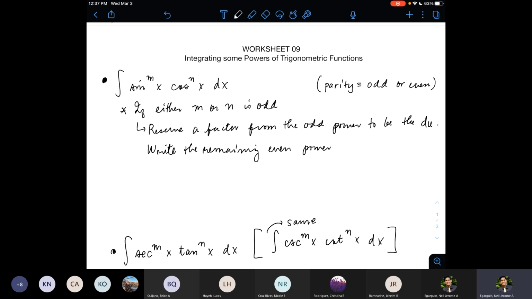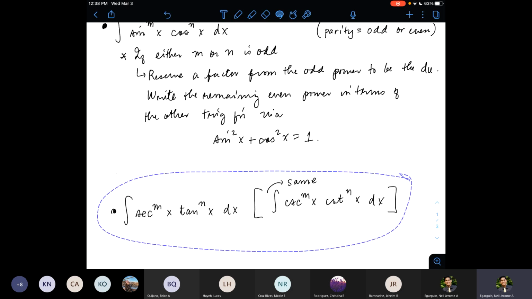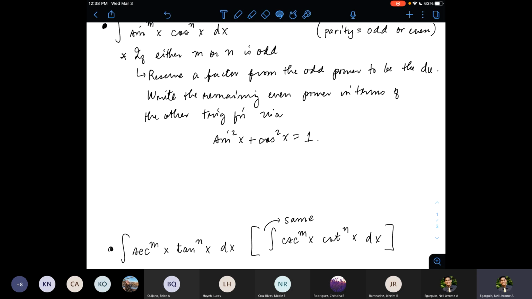So write the remaining even power in terms of the other trig function via the identity sine squared x plus cosine squared x equals 1. The crucial thing here is whenever at least one of the powers is odd, you'll use the Pythagorean identity.